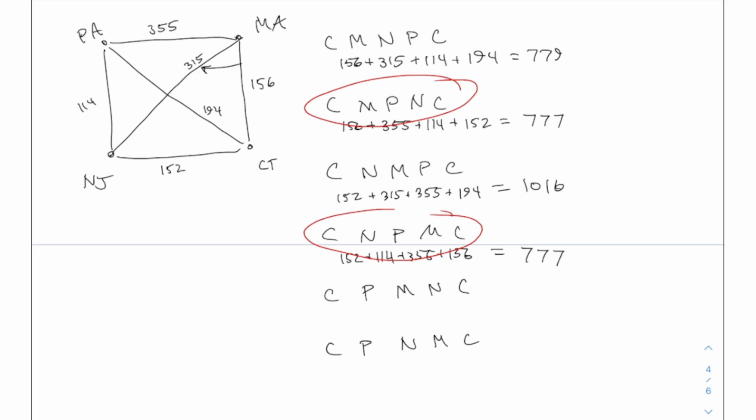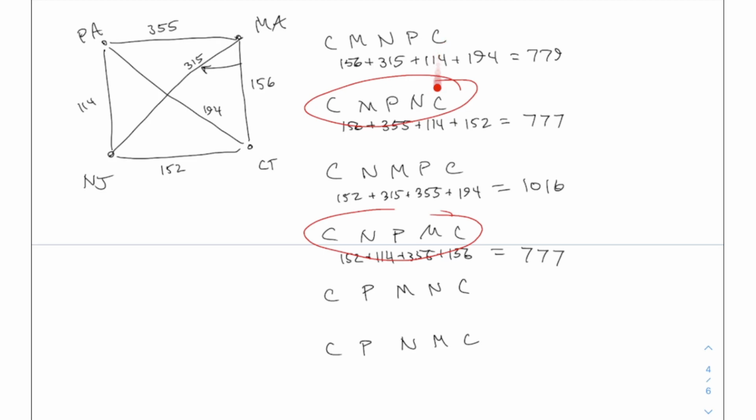Anybody, you agree? I mean, they're both going from P to N and then from P to M. It's just backwards. Yes, one of them is just the reverse of the other one, right? If you read this one backwards, you get that one. So they really are the same route, just gone the other way around, all right?